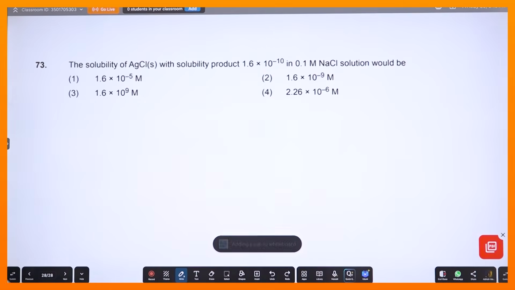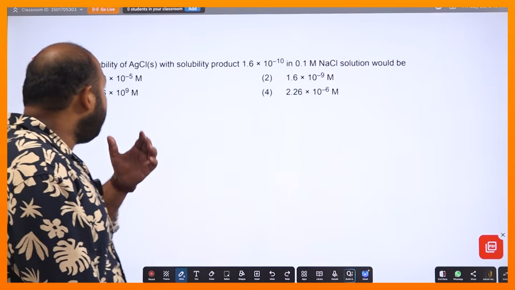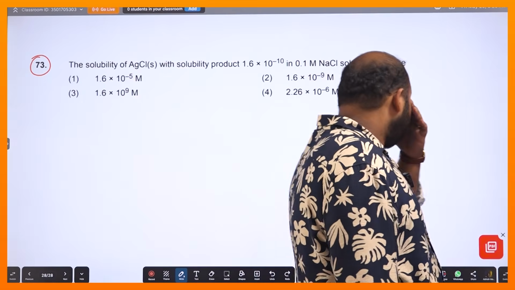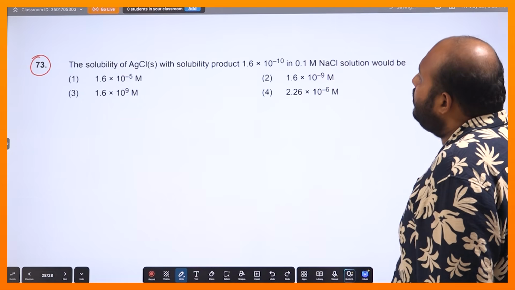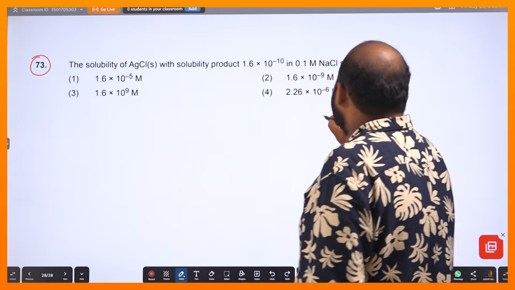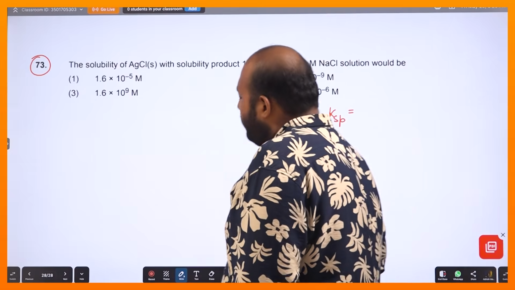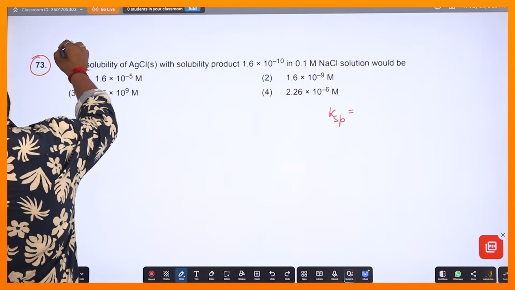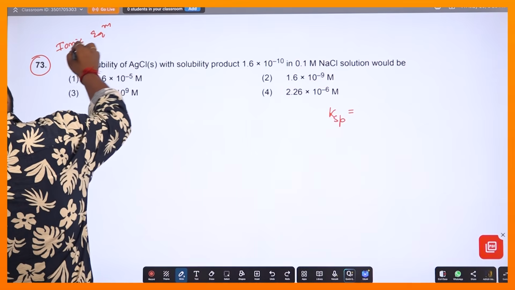So question number 73. So it is saying the solubility of AgCl, the solubility product data is given here. So this is from ionic equilibrium chapter. Very important topic.